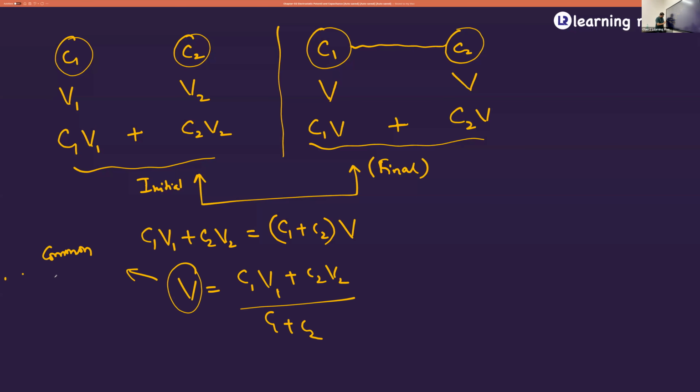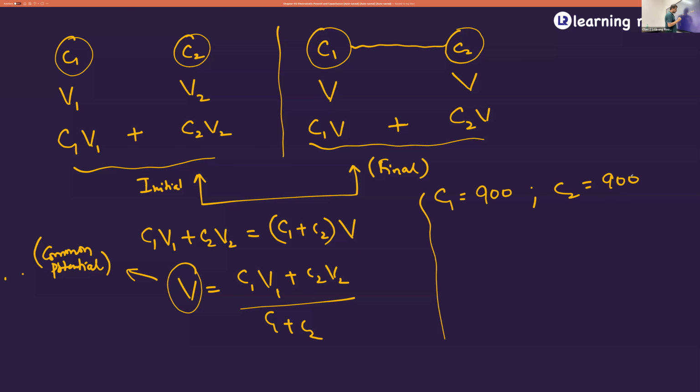For example, in our problem, what is the value of C1? 900. What is the value of C2? That is also 900. What is the initial value of V1? 100. What was the value of V2? It is 0 because it is not charged at all.